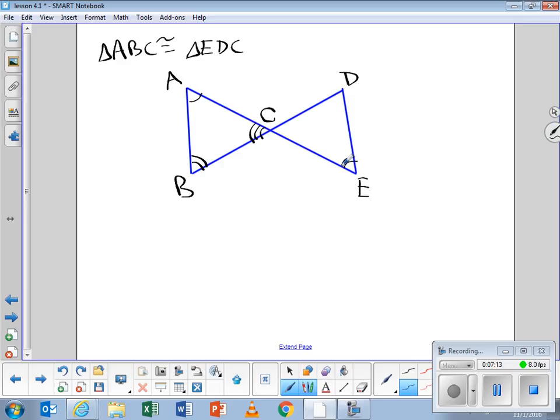I think he was pointing to this and saying, wouldn't E only have 1 arc because A only has 1 arc? And when you look at the name, the A is the first letter and the E is the first letter, so that means they do what? They correspond with each other. They match up. So he is exactly right. And Hannah realized, yeah, that makes a lot of sense. So she erased that and put 1 mark there.